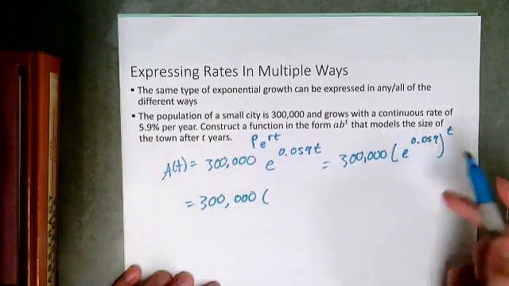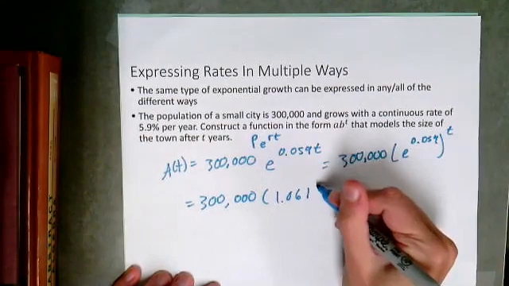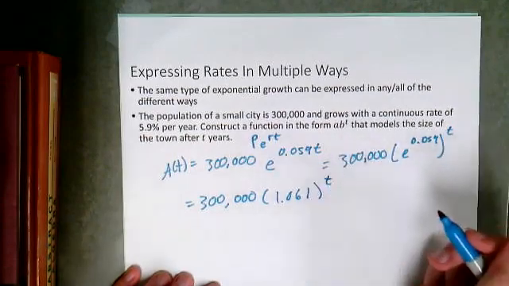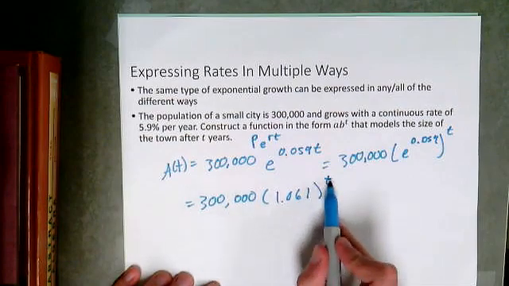This guy is approximately 1.061 raised to the T. So from this guy, now we're in the form AB to the T.